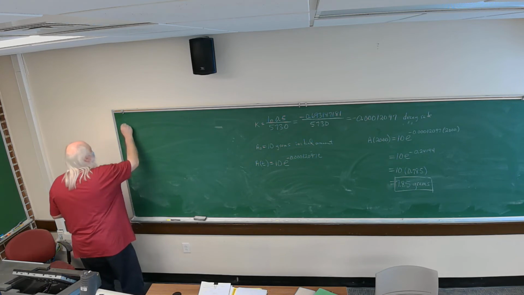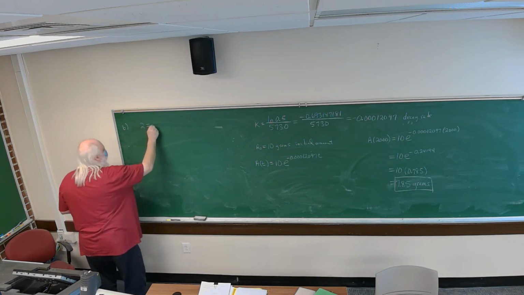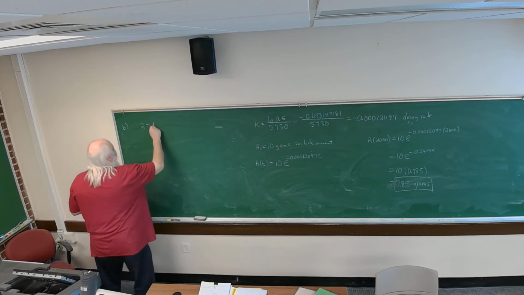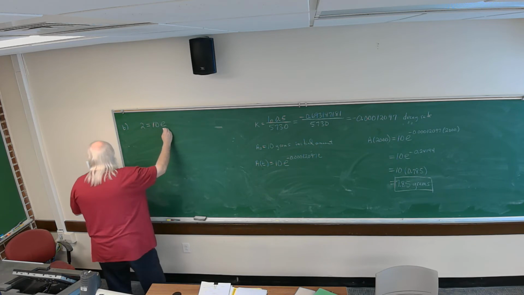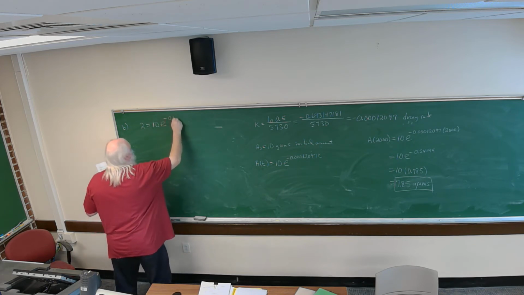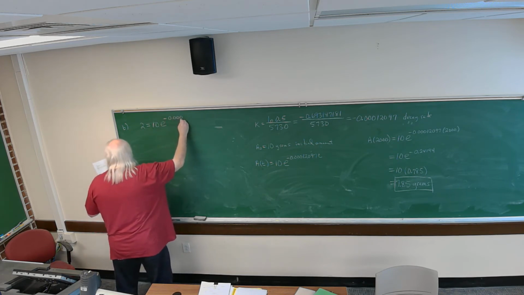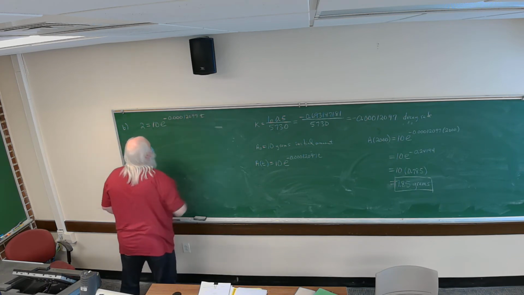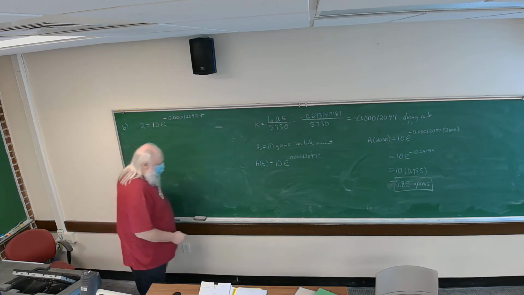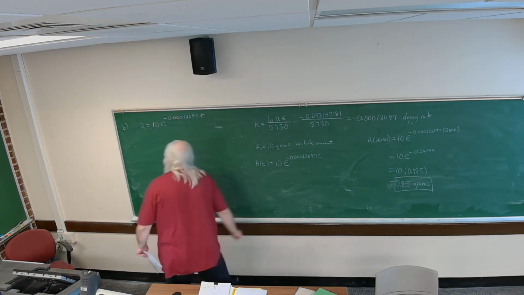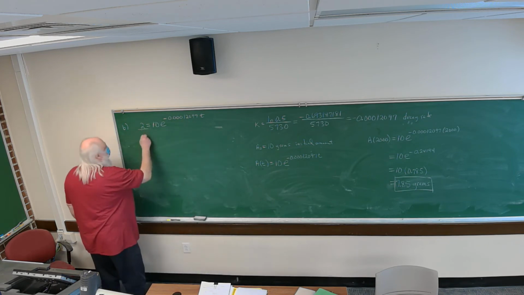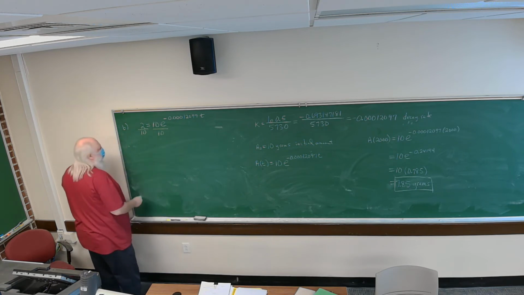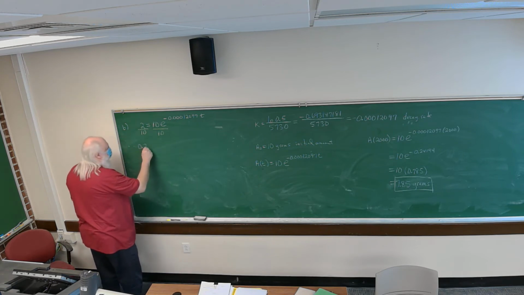Division undoes multiplication, so we divide both sides by 10. 2 divided by 10 is 0.2.